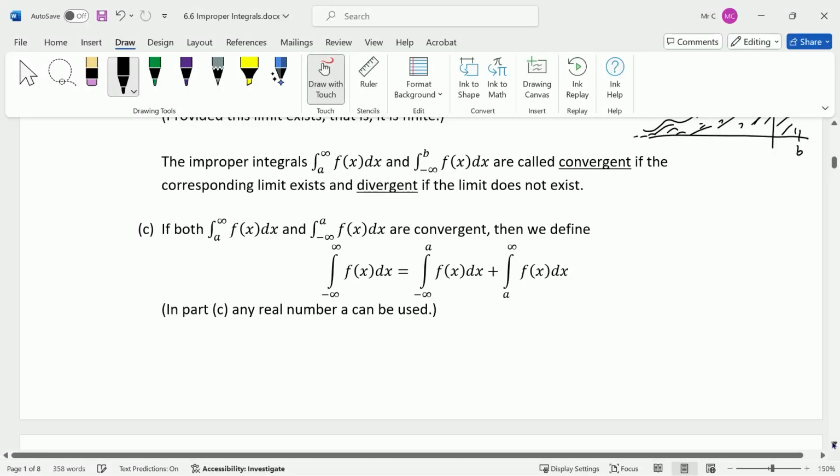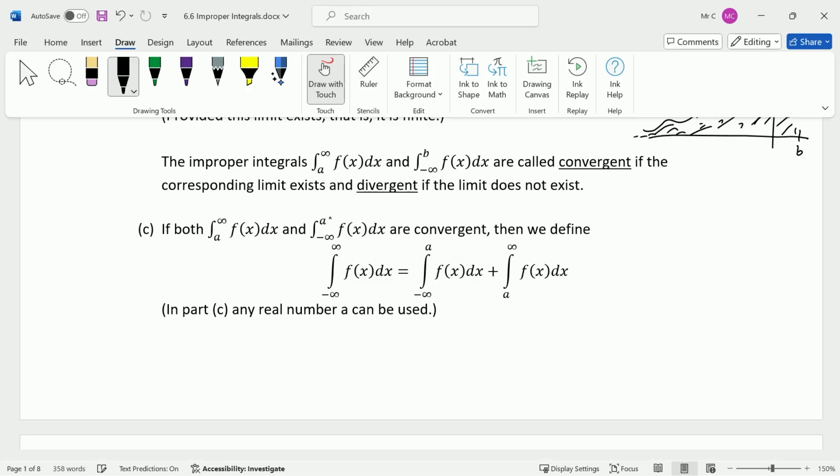Now, if both the integral from a to infinity of f of x dx and the integral from negative infinity to a of f of x dx are convergent, then we define the integral from negative infinity to infinity of f of x dx as the sum of the integrals from negative infinity to a of f of x dx and from a to infinity of f of x dx.